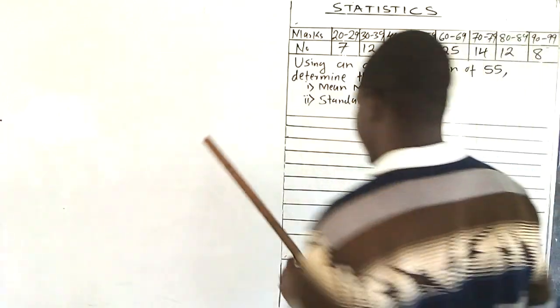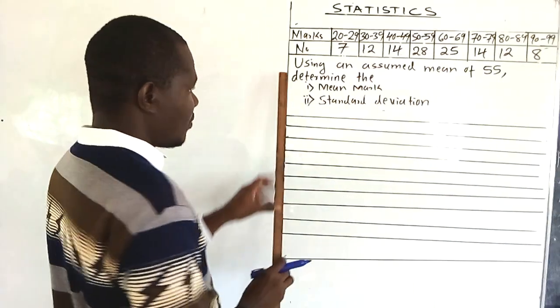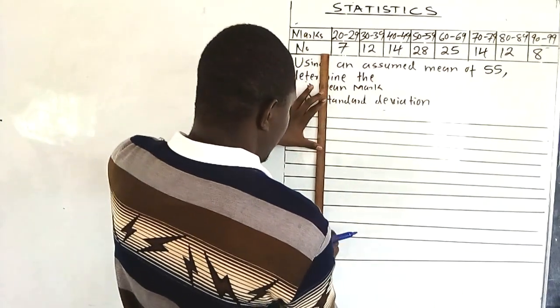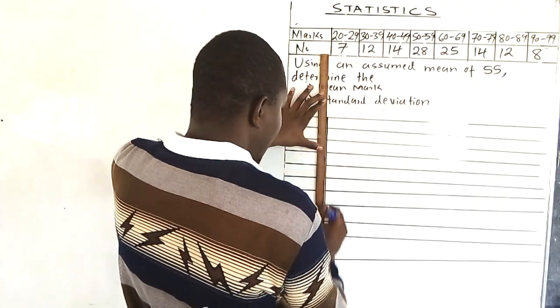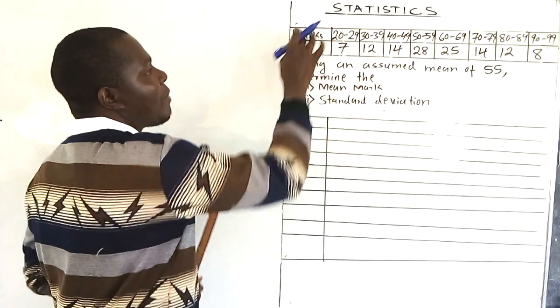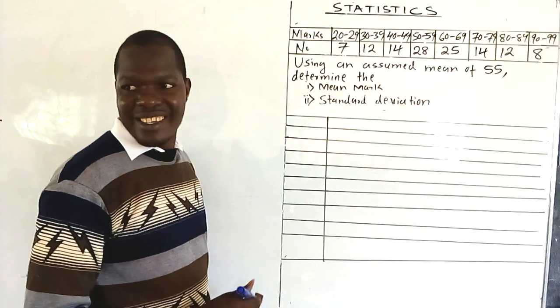So those are table with 9 rows, then the column of summation. So the first row here, we have the row for the marks, which are giving us the classes, isn't it?